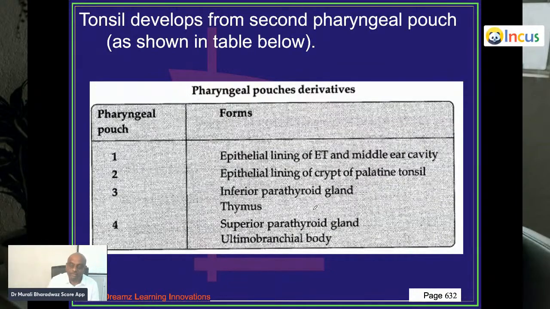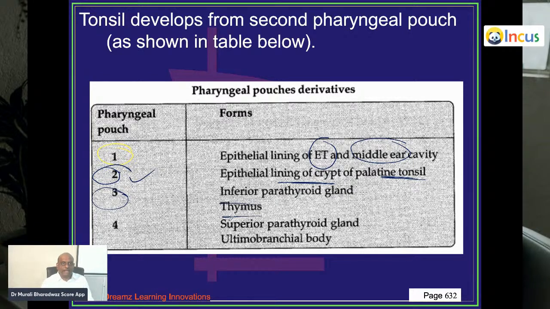So remember, the first pharyngeal pouch: eustachian tube and middle ear cavity epithelium develop. Second: palatine tonsil and the lining of the crypts of the palatine tonsil. From the third, inferior parathyroid gland and thymus develop.